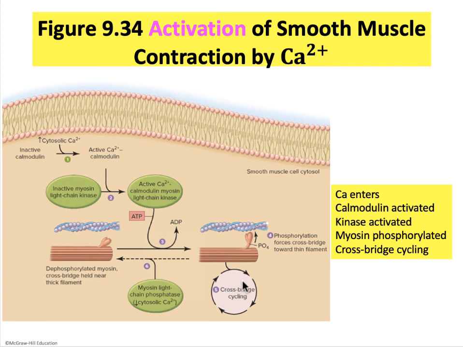The reverse takes place when levels of calcium drop. Another protein called myosin light chain phosphatase then removes the phosphate groups, restoring the myosin to the closed configuration.